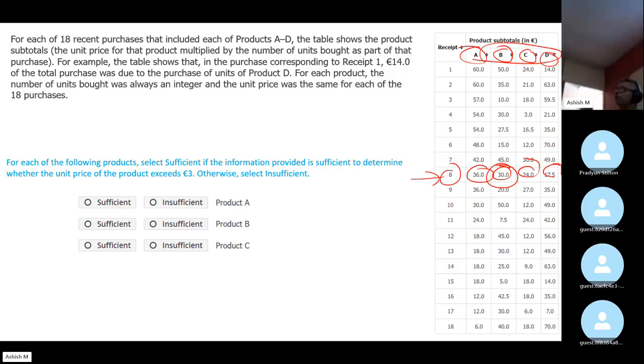Number of units of product B into price per unit, correct? And number of units, can that be decimal? Obviously not, right? You cannot buy, for example, 2.6 units of product B. Clearly, units have to be bought in integers. So this is something that you need to be aware of. All right.